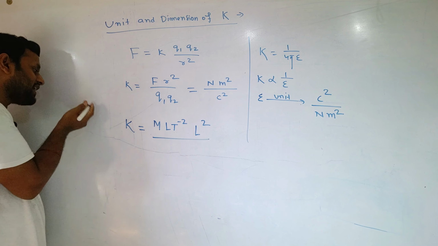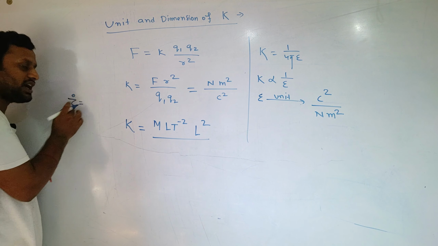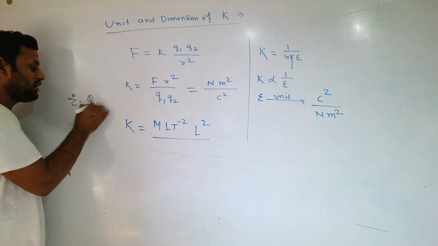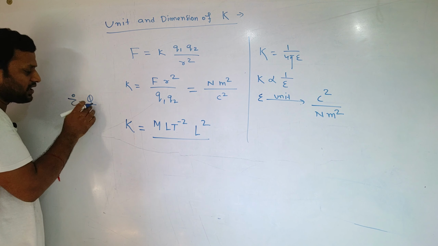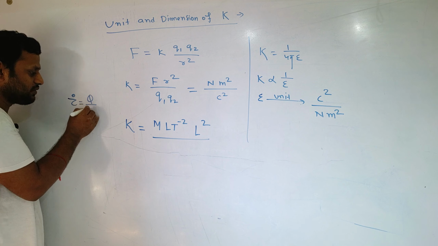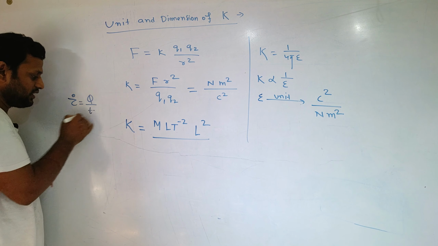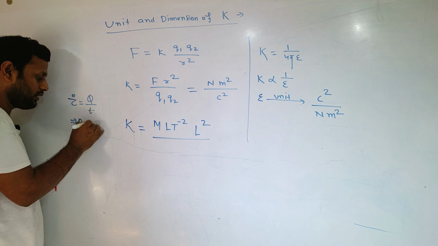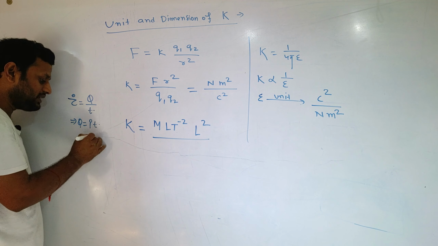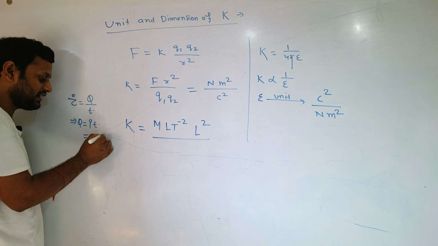So what is charge? You know I is equal to Q by T, rate of flow of charge, imply that Q is equal to I into T. So I means it is ampere, T means it is second, so AT.